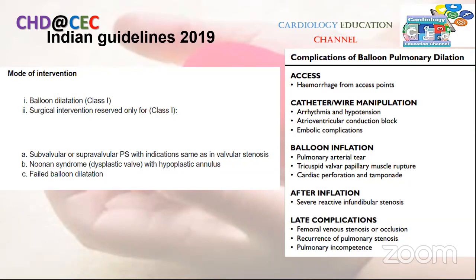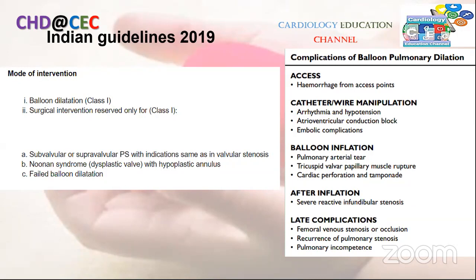We should refer patients with extreme anomalies to surgery, and not sacrifice the baby, because there are a lot of complications that could happen from balloon dilatation. As Dr. Mahmoud mentioned, a lot of complications could happen; although they could be avoided, complications do happen. Thank you so much, Mahmoud.